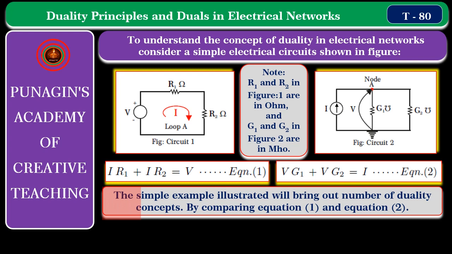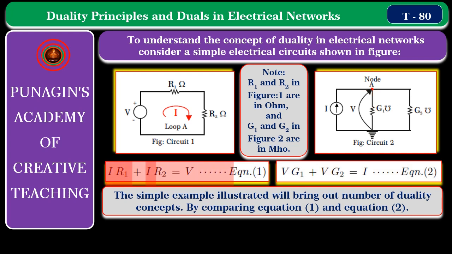Friends, this simple example will bring out a number of duality concepts. By comparing equation 1 and equation 2, we find that the two equations are different. But in what way? Equation 1 is a mesh equation and equation 2 is a nodal equation.